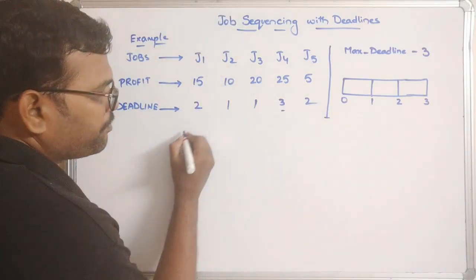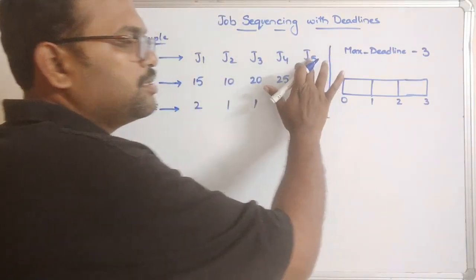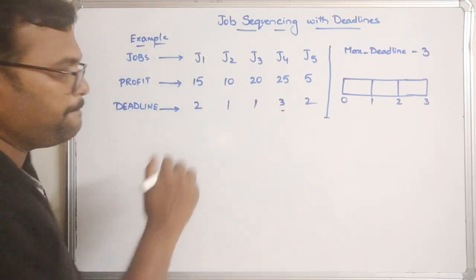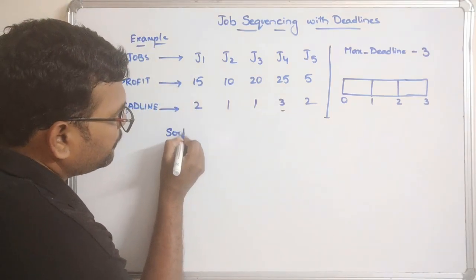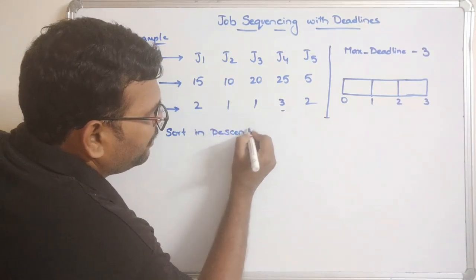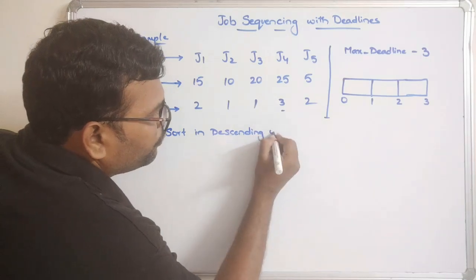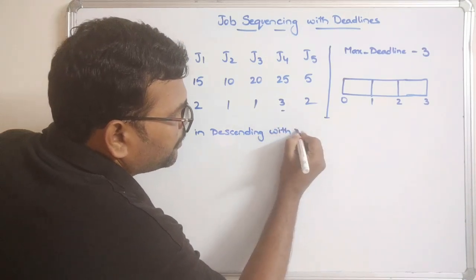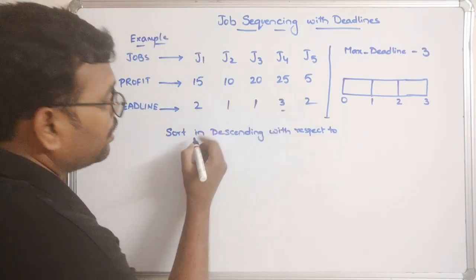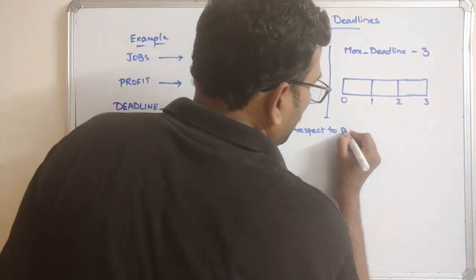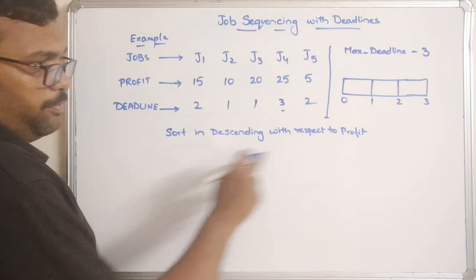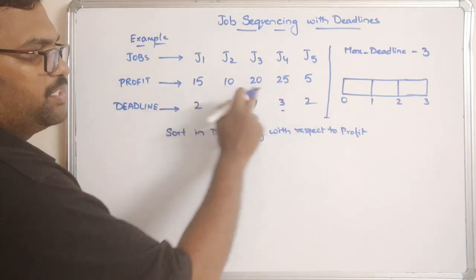The next step is to sort all the jobs in descending order with respect to the profit. Now rearrange the jobs. First, what is the highest? 25.